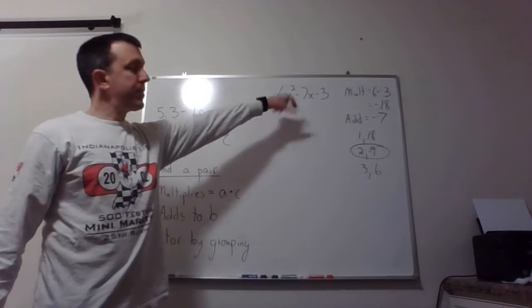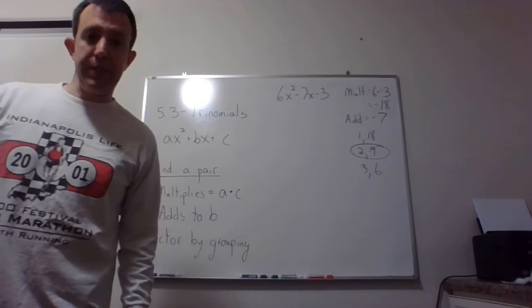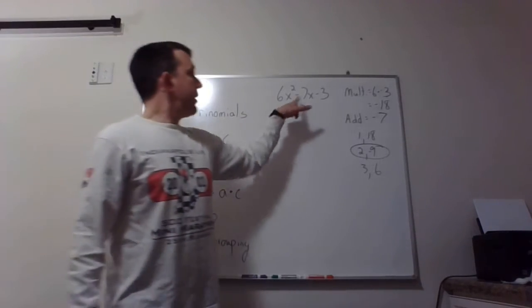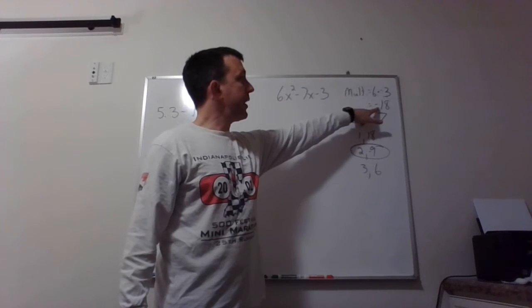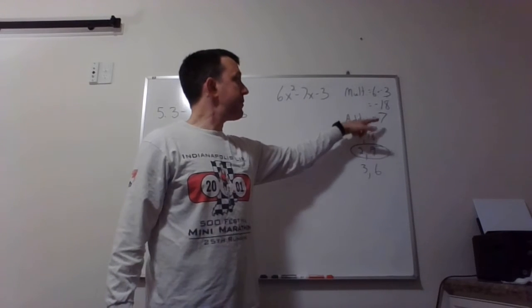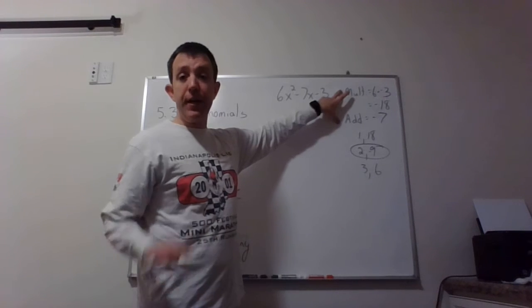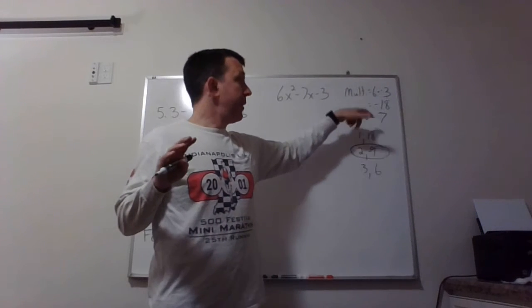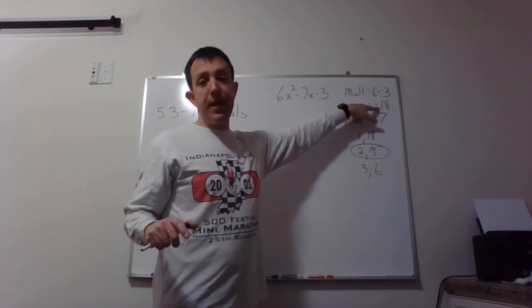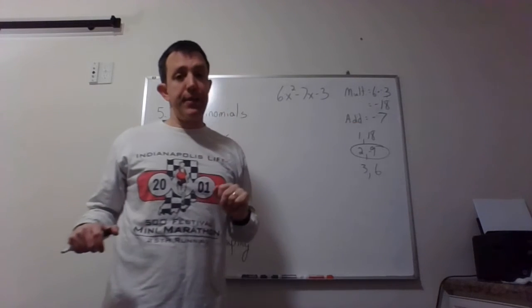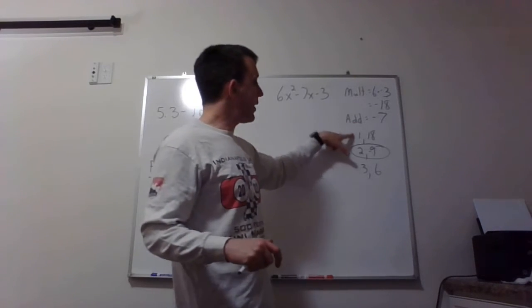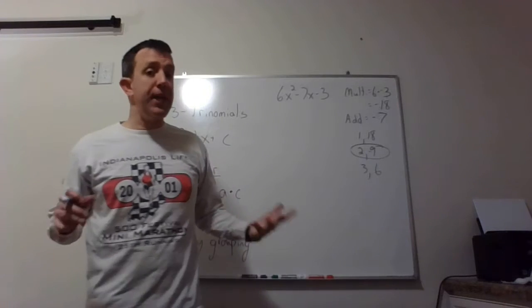So here's my example, 6x squared minus 7x minus 3. 6 times negative 3 gives me negative 18. The middle number is a negative 7. So that's what I need my pair to multiply and add to. I need to multiply to be negative 18 and add up to negative 7. I've listed pairs here that multiply to be 18.